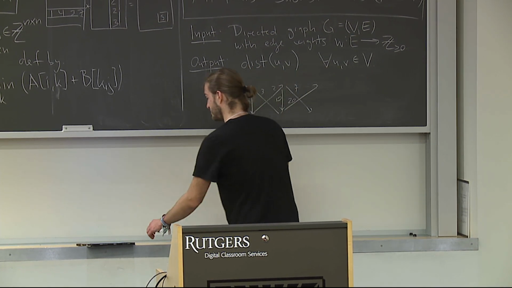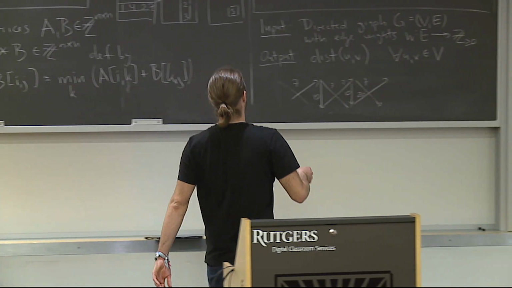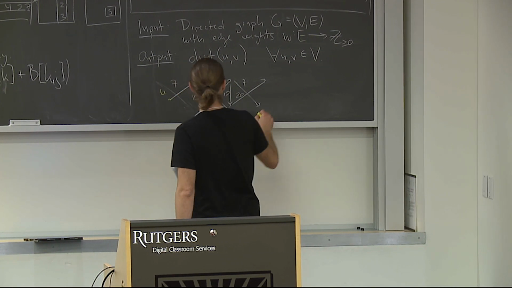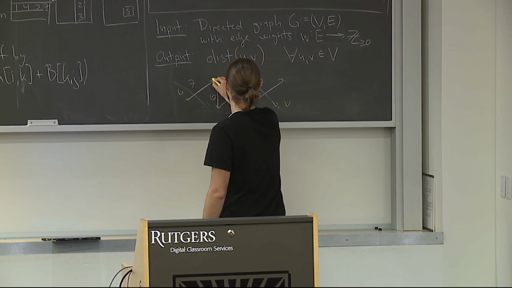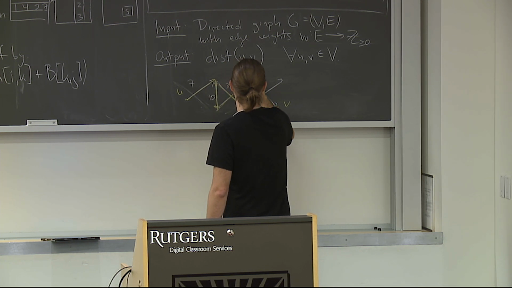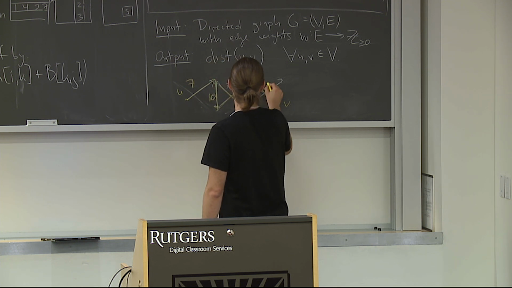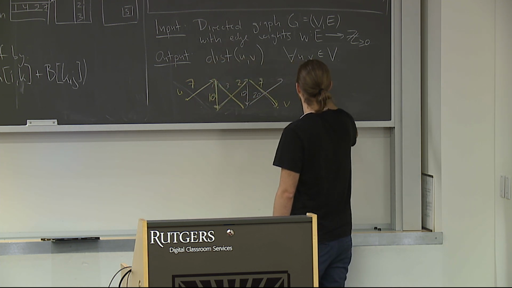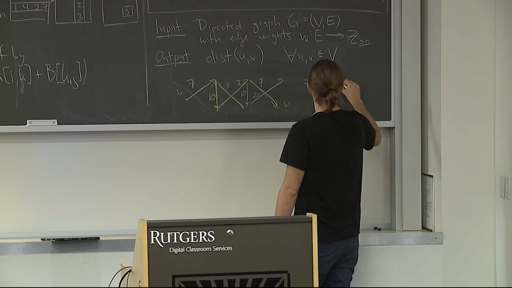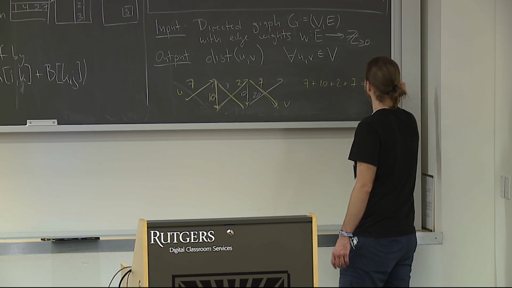That's convenient. Right, so to go from U to V, the shortest path would be, no, I again took the wrong one. 7 plus 10 plus 2 plus 7, which is what? Which is 26, maybe? OK.